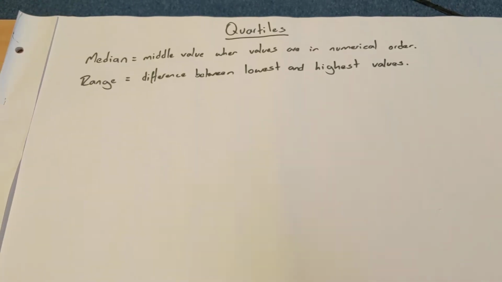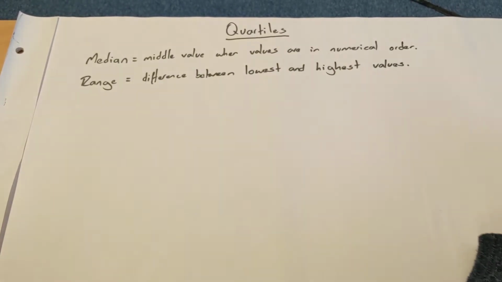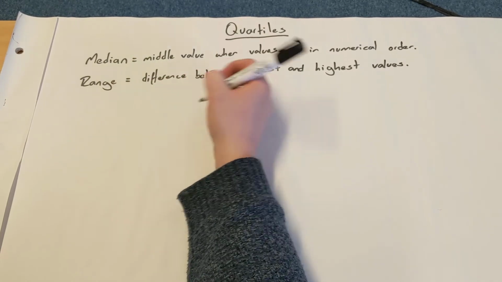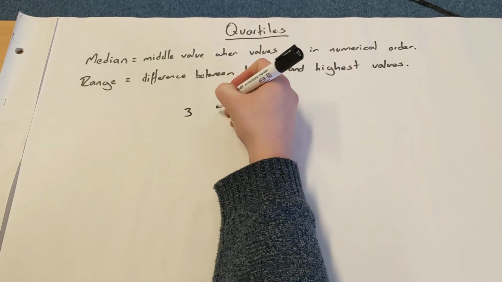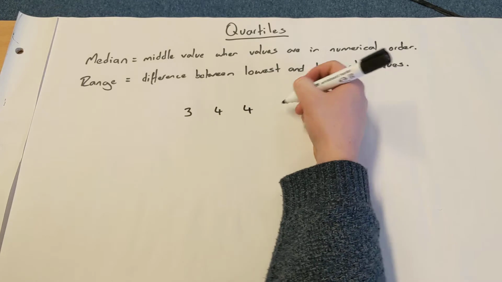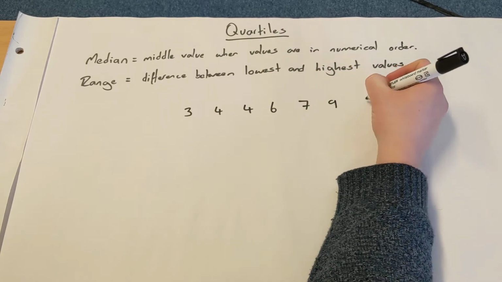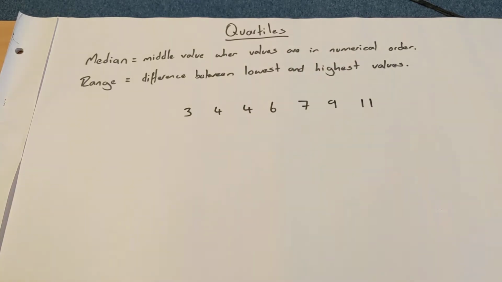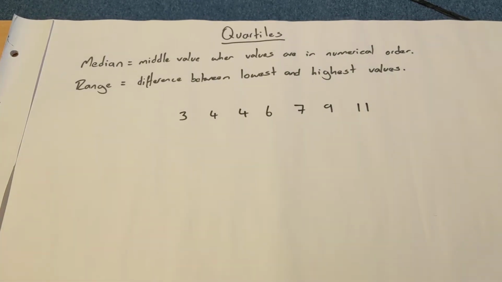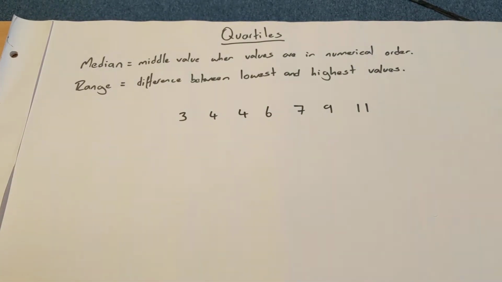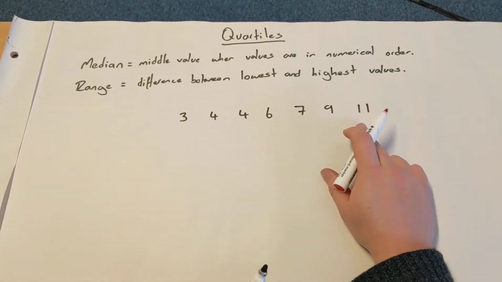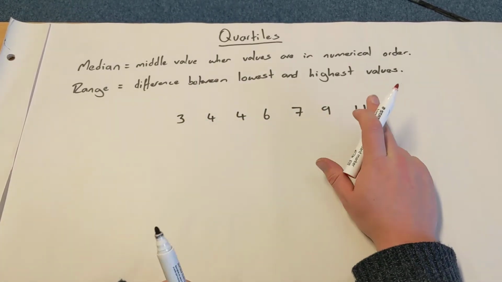And so let's say then we've got a set of data, and we'll just go with 7 values. Let's say we've got 3, 4, 6, 7, 9, and 11. So first off, our median. The median is the middle value when the numbers are in numerical order.